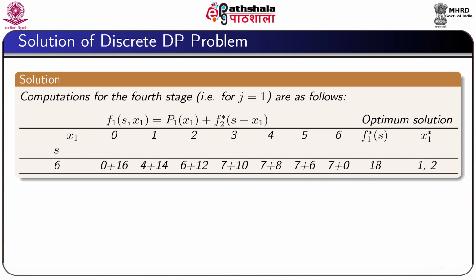When x1 takes the value 1, we have the remaining or available value of s equal to 4 minus 1, that is equal to 3, and if x1 takes the value 2, then we have the available crates equal to 2, and that we can get the optimal value from the previous table.